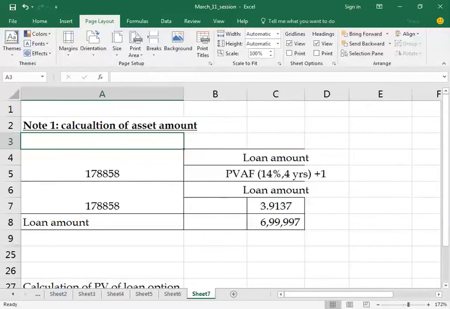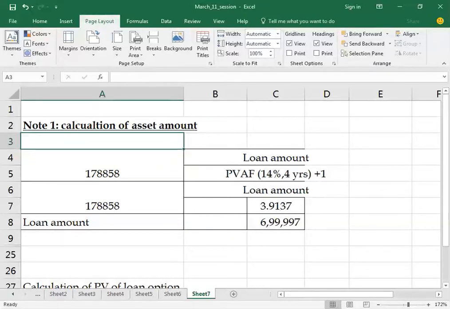The important point is if discount rate is the same as after tax cost of debt, don't bother about any calculation. In the practice manual, the answers will be different.